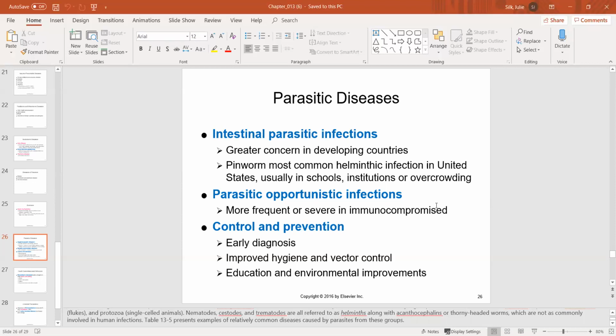Parasitic opportunistic infections would be more prevalent in people who are immunocompromised, so maybe someone who has HIV or something. And then with all of these types of diseases, we want to try to diagnose early and talk about improved hygiene and vector control, and really give some good education about how to prevent some of these sicknesses from happening.